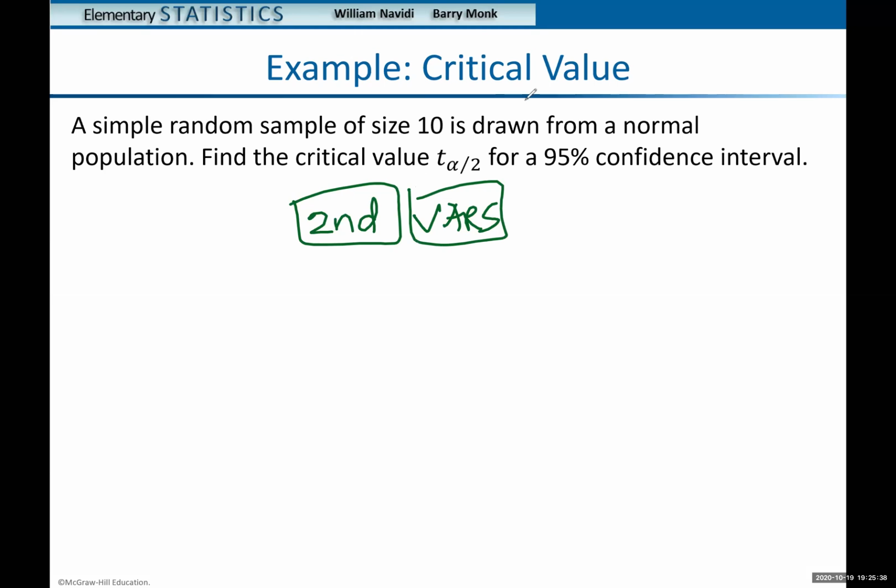Look for inverse t. I think that is the fourth one. So instead of inverse norm, you use inverse t.